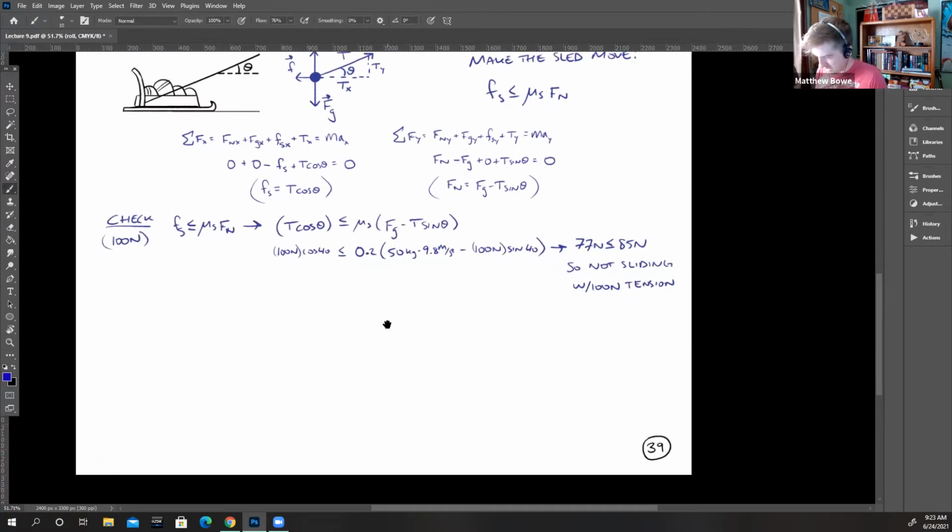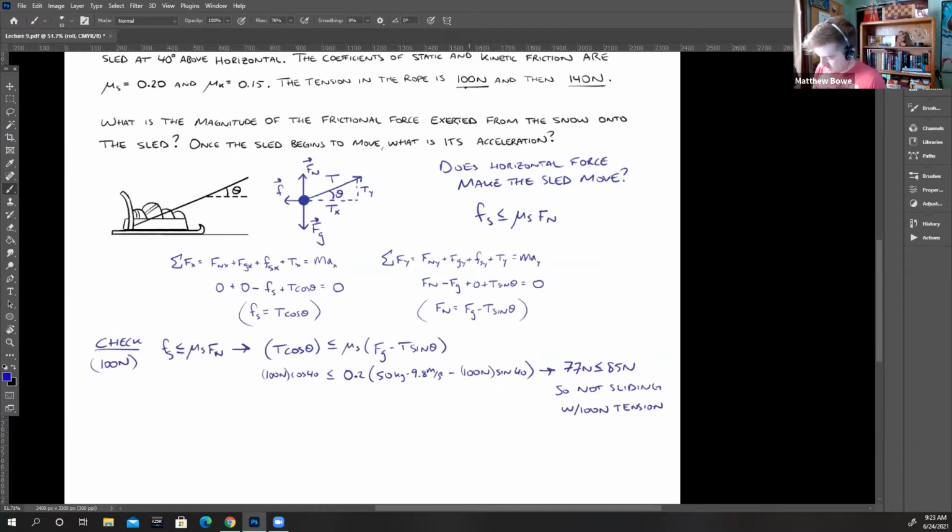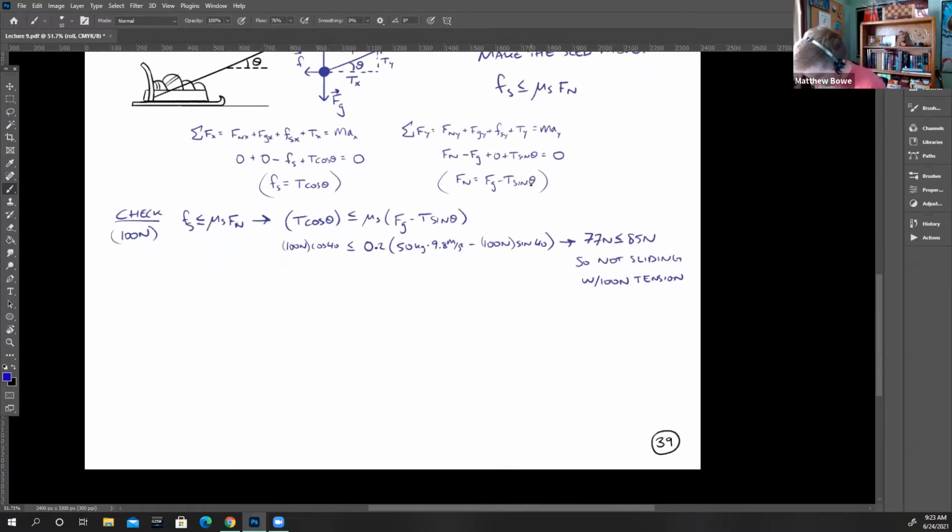Now we're going to check for the other force that we are going to provide. So we do 100, and then we are going to go to 140 newtons. Okay, so we check 140 newtons.